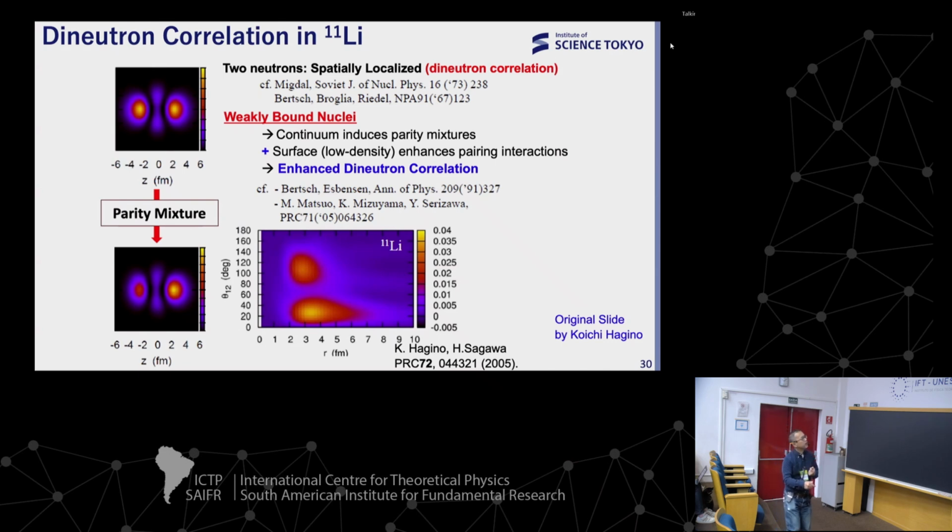In the case of lithium-11, they calculated that there are two bumps anyway. This is due to the P wave component, but this dineutron part has more probability than this so-called Siga type contribution. They found it. So if you take the average, it becomes about 60 degrees.